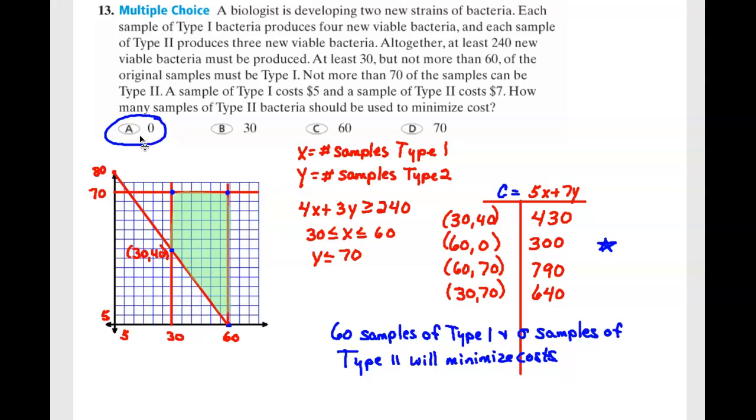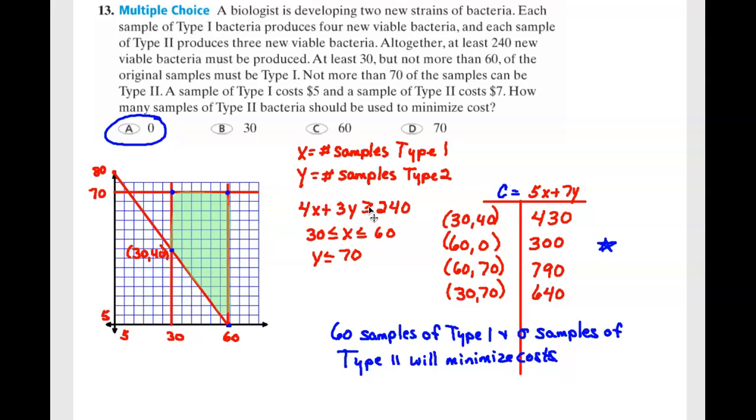So we put 70 for type 2 because we cannot have more than 70. We need 30 to 60, which are these 2 lines for type 1. And then our cost function is going to use the 5x and the 7y. And we have one other function, which is the 240. So that's where the 4x and the 3y come in.